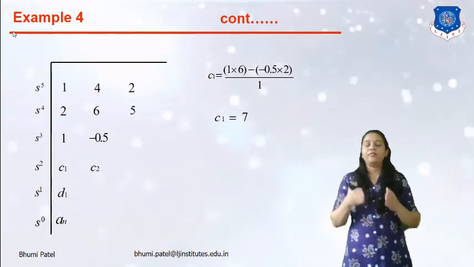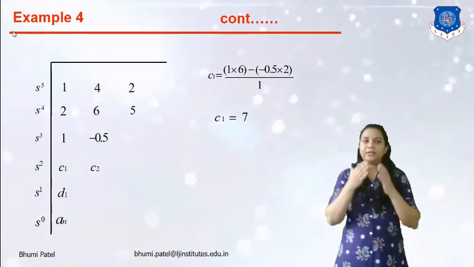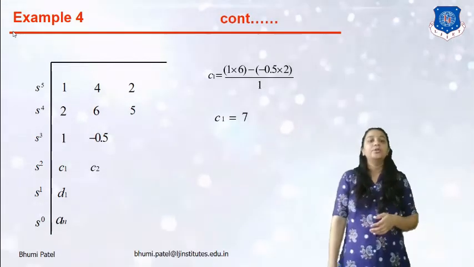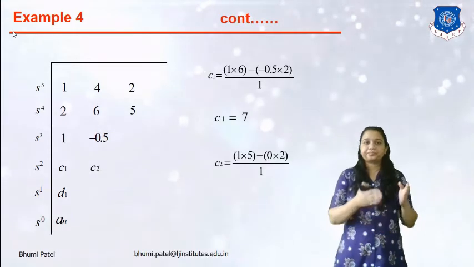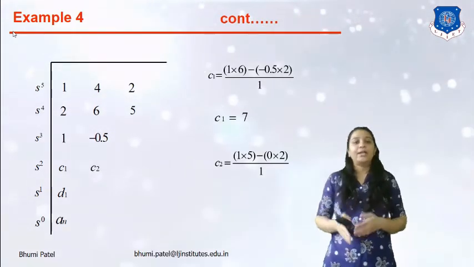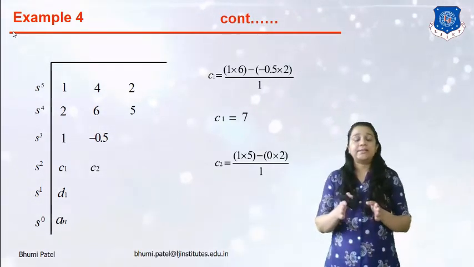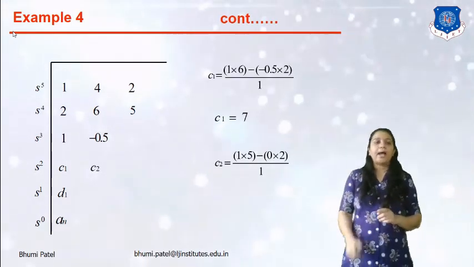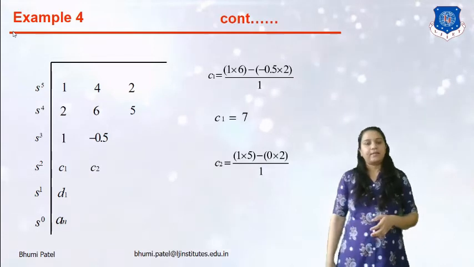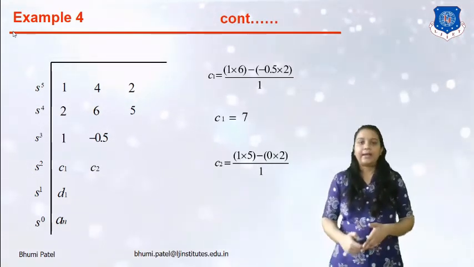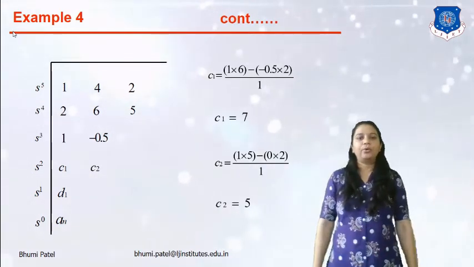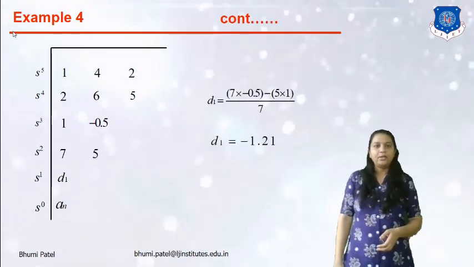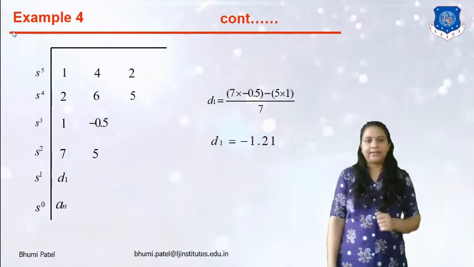For that we do not consider the second column, we consider the first and the third column. So the equation will become (1 × 5 - 2 × 0) / 1, since no element is given, we write 0. Simplify this equation and we get C2 is equal to 5. Put the values of C1 and C2 in this table. So the table looks like this.